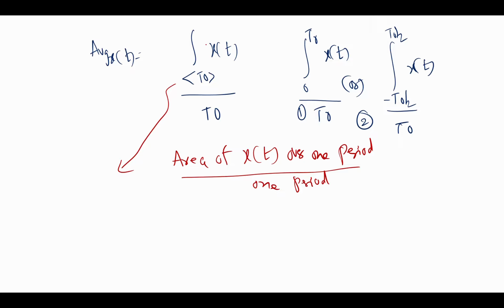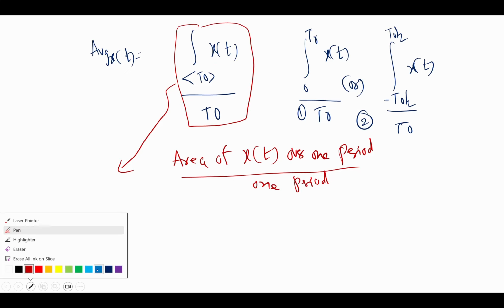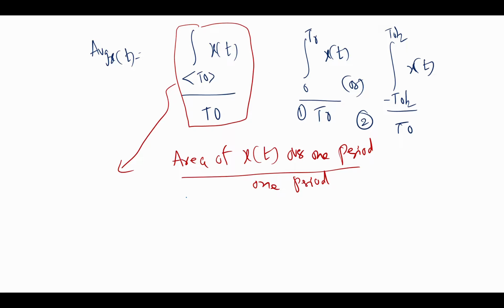If you know the expression, this is the way, and if you know the area of a signal, then the easiest way to find the average value is this, right? So depending upon the situation, we use either this or this. For the university exams, people should use this formula. On the other hand, if you go for any competitive exam like the GATE exam, then using this formula will be very easy to get the answer, right?